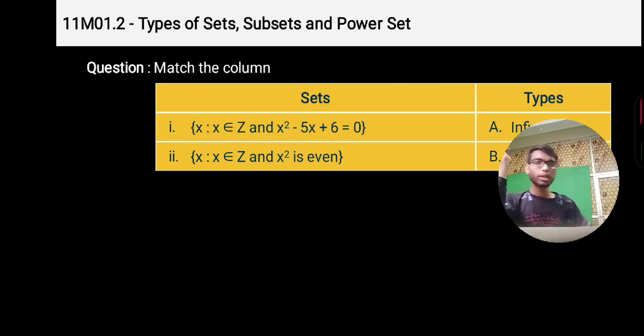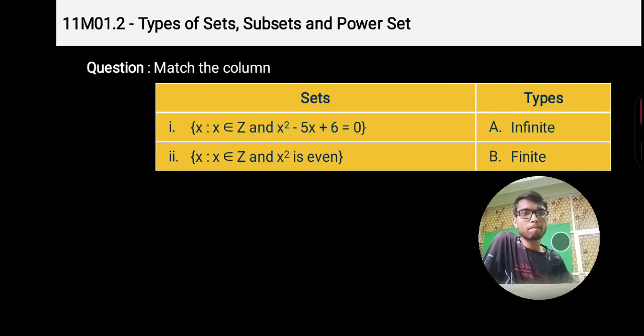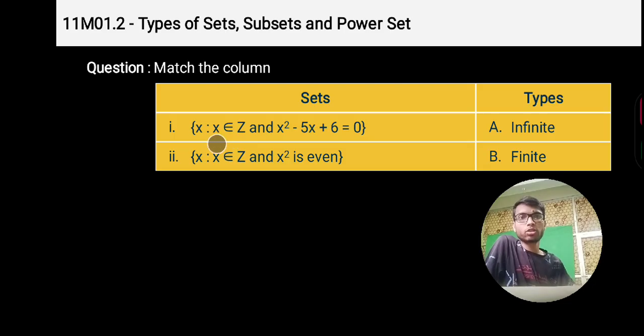Okay, next. x such that x belongs to Z, integer. x square minus 5x plus 6 is equal to 0.